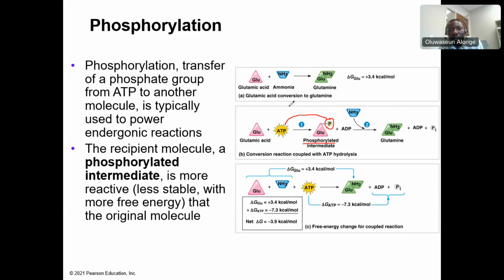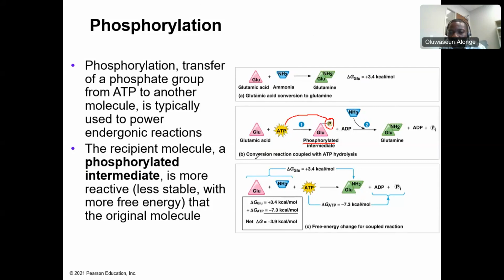In essence, if you look at this, you will notice that the energy required here to perform this reaction is plus 3.4 by this itself. Now, when ATP is added, the energy that ATP brings is negative 7.3 kilojoules.